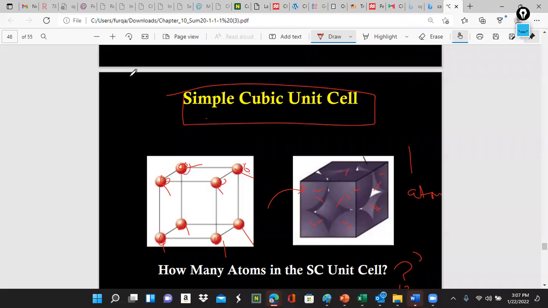In total, you see here are 8 of them: 1, 2, 3, 4, 5, 6, making a cube here, right? And the contribution from each atom is going to give you how much in each of it. So that's going to be just one atom here.